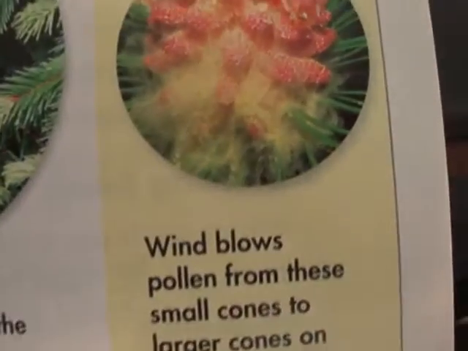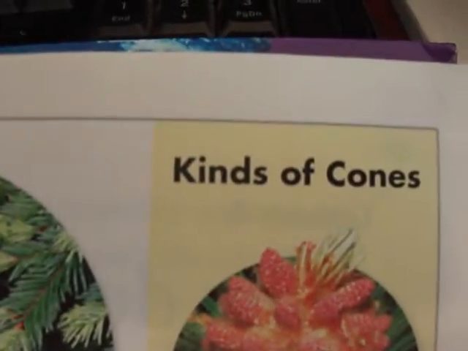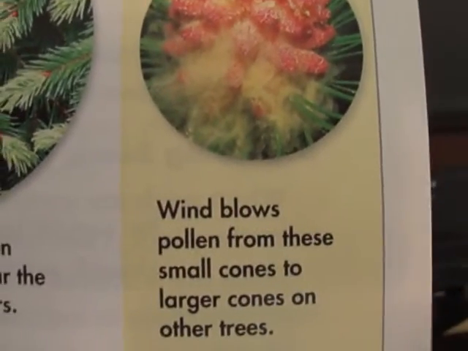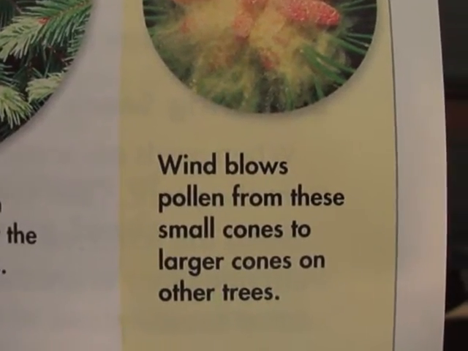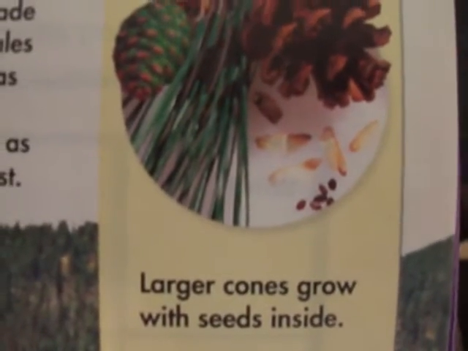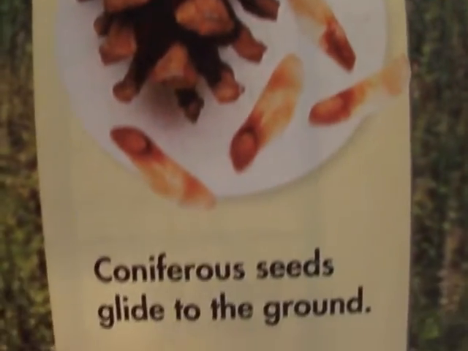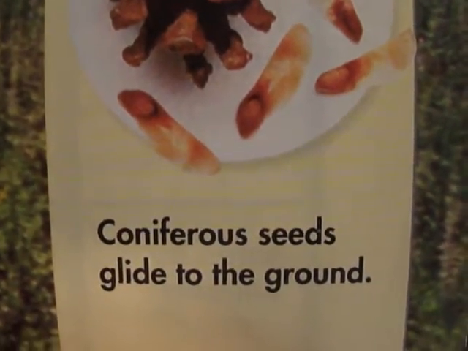And here are some kinds of cones. Wind blows pollen from these small cones to larger cones on other trees. Larger cones grow with seeds inside. Coniferous seeds glide to the ground.